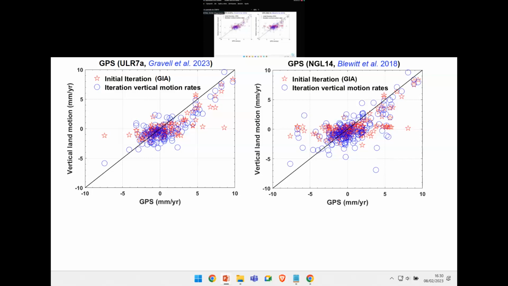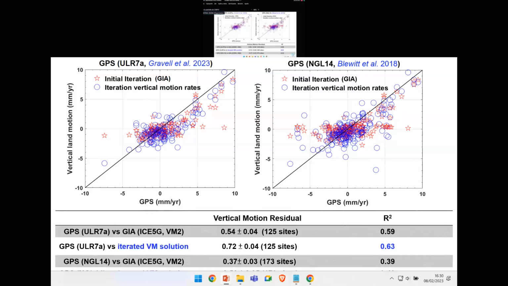You could see that the iterated vertical motion is the blue circles. So versus the start, which we assume that GIA, the glacial isostatic adjustment, is the source of the vertical motion, which is obviously not true. So some of the data are actually after the iteration are better.